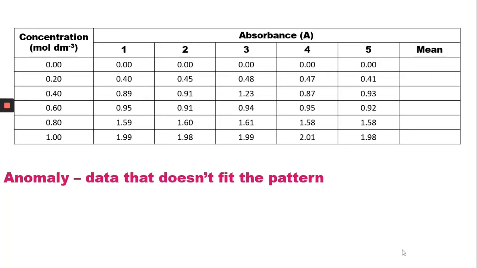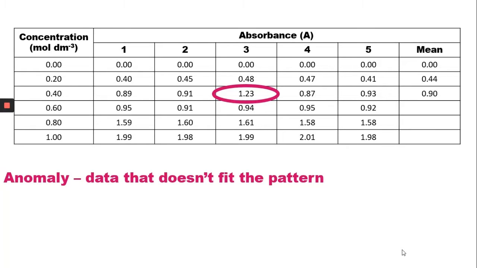Here is the data collected for the calibration curve. Pause the video to calculate the mean values. Watch out for anomalies. Okay, let's check your mean values. 0.0 moles per decimeter cubed is also 0.00. 0.2 is 0.44. 0.4 is 0.9, not 0.97, as result 3, 1.23, is an anomaly.